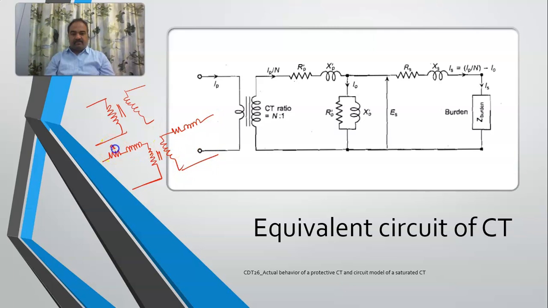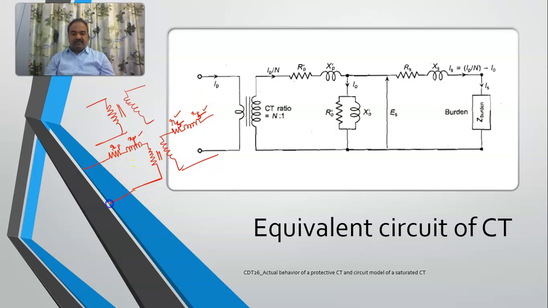You can represent it as primary and secondary also. These are the resistances of the primary and secondary windings, whereas these are the leakage reactances of the primary and secondary windings.